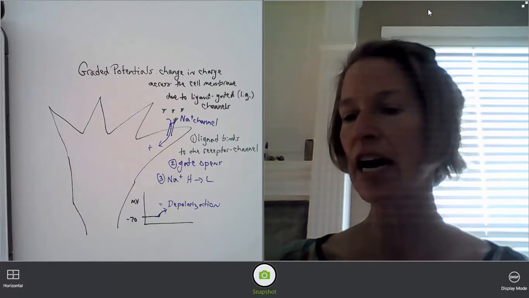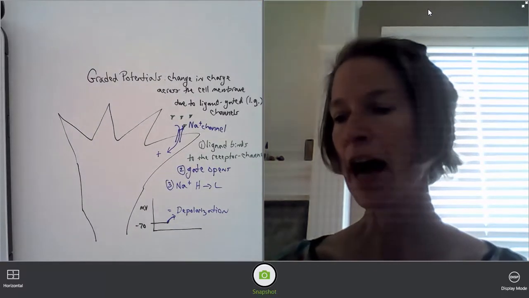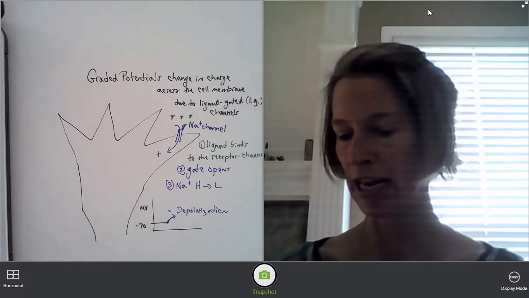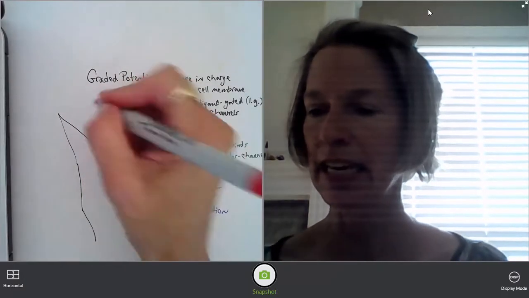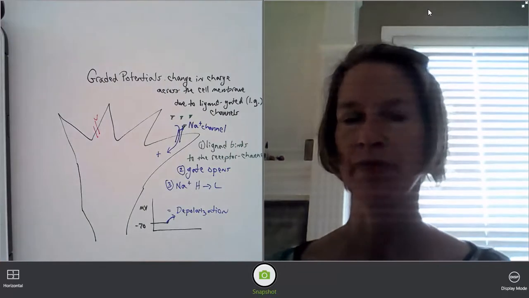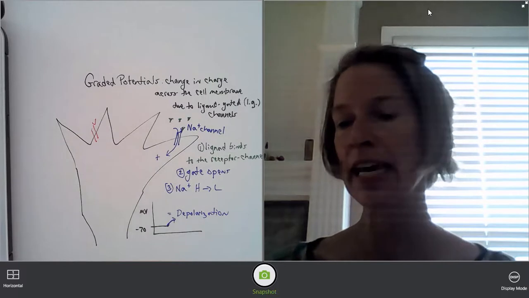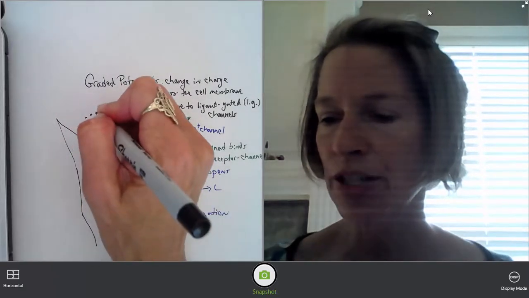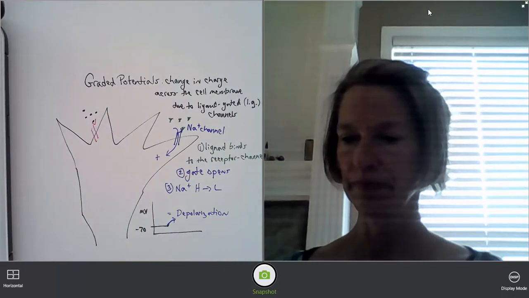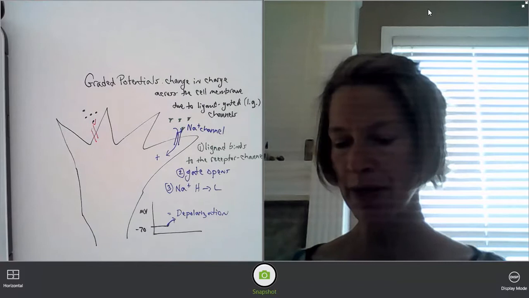The other kind of graded potential you might see is a hyperpolarizing graded potential. For example, a ligand-gated potassium channel. So over here the gate will be closed. The ligand is a chemical key that binds to the receptor channel, causing the gate to open.